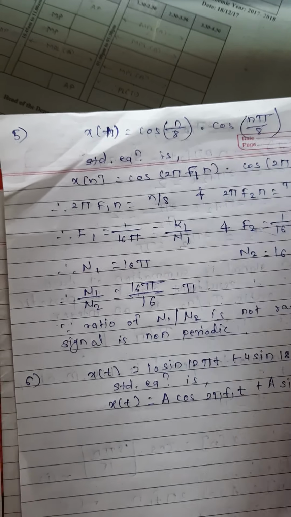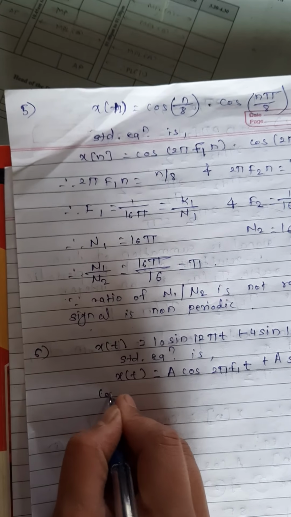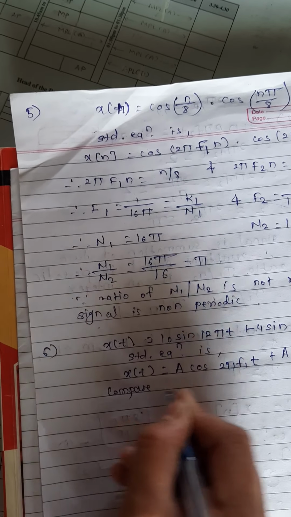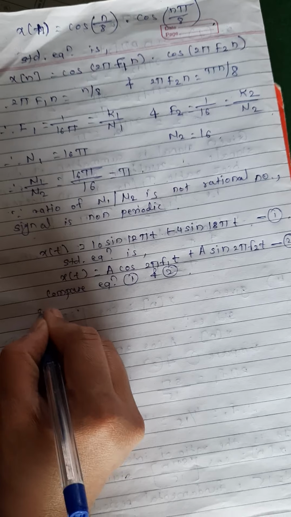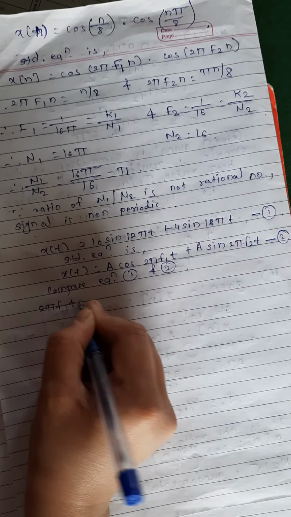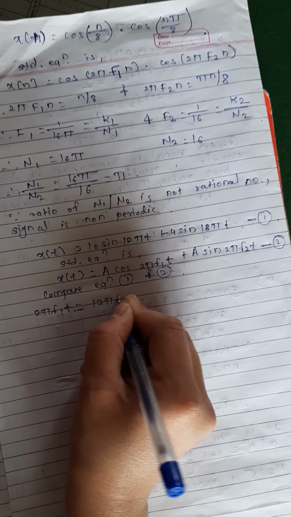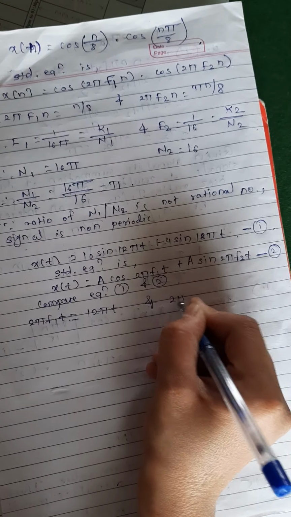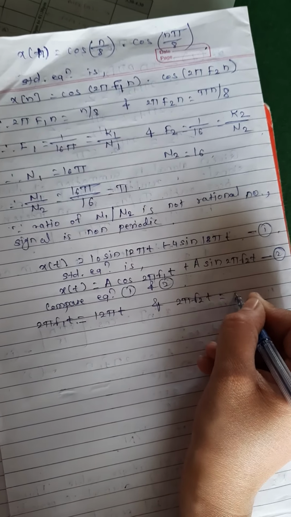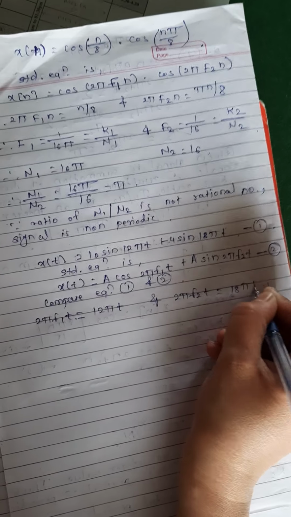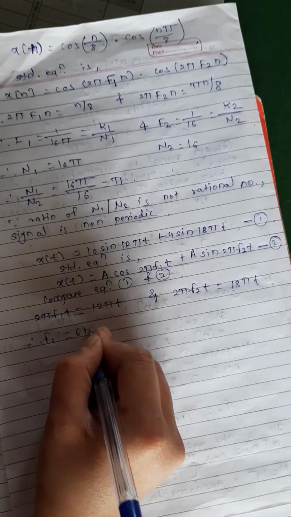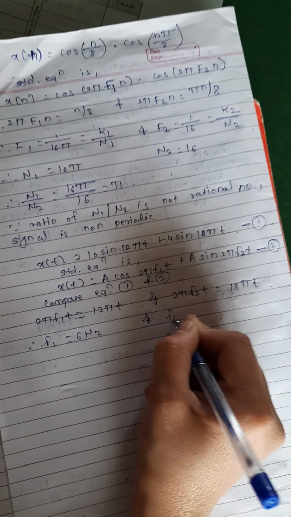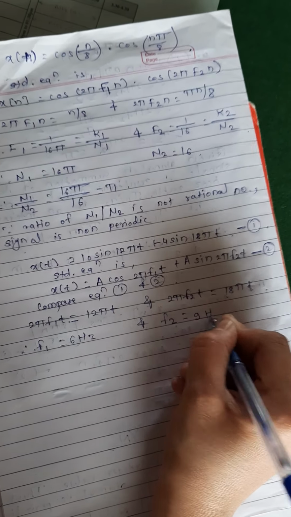This is equation 2. Now we compare equations 1 and 2. So we get 2 pi f1 t is equal to 12 pi t and 2 pi f2 t is equal to 18 pi t. Therefore f1 is equal to 6 Hz and f2 is equal to 9 Hz.